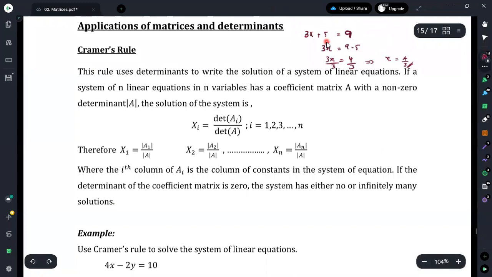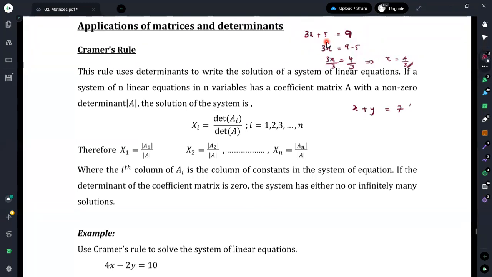But suppose you have an equation in this form, x plus y equals 7. You cannot solve this just by using one equation, because here there are two variables. The minimum number of equations you should have to solve this type of equation is 2.